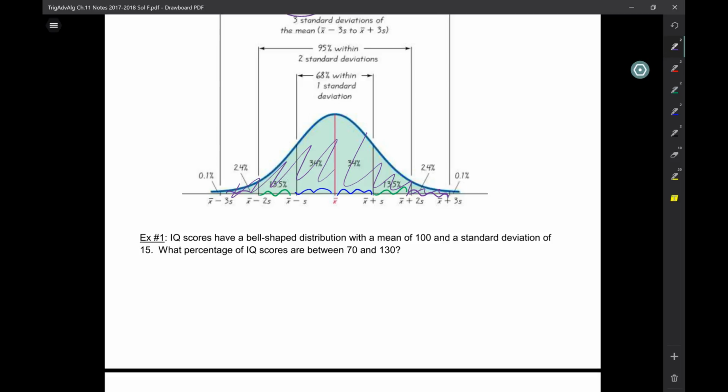If you're within 1 standard deviation, 68% of the people are within that. 95% are going to be within 2 standard deviations, and then 99.7%. And if somebody lies over here, they're either grotesquely tall or super, super short. Okay? All right.